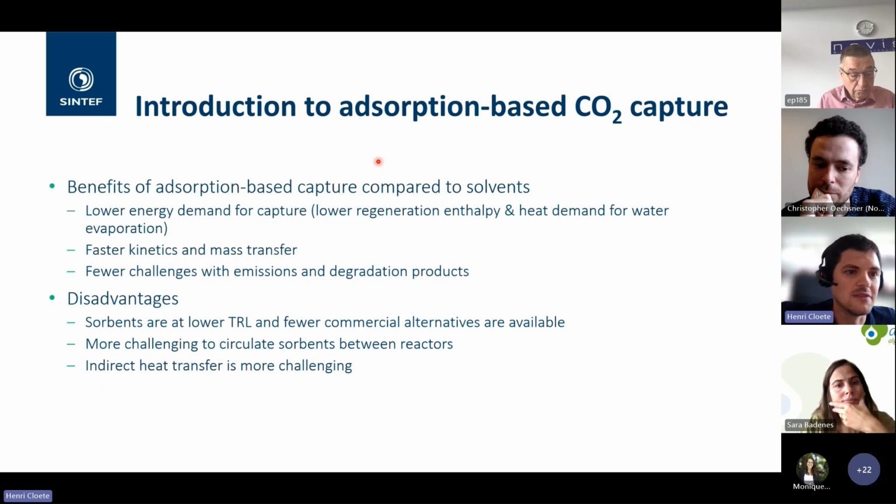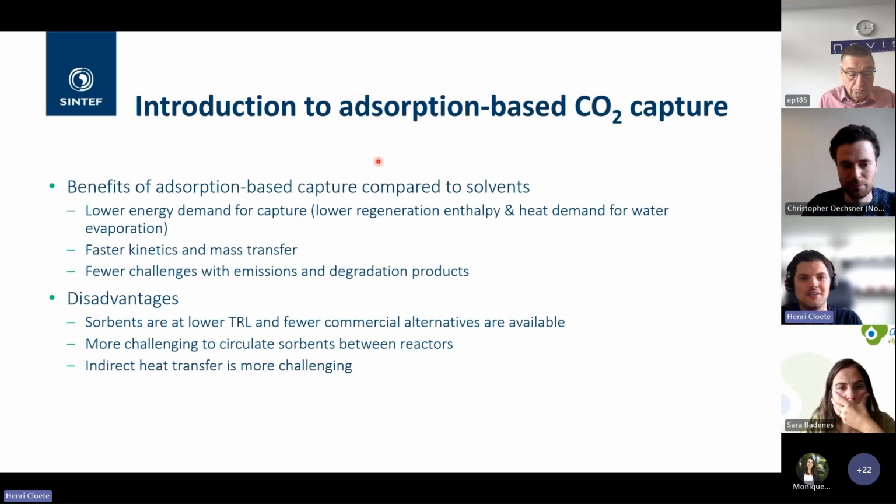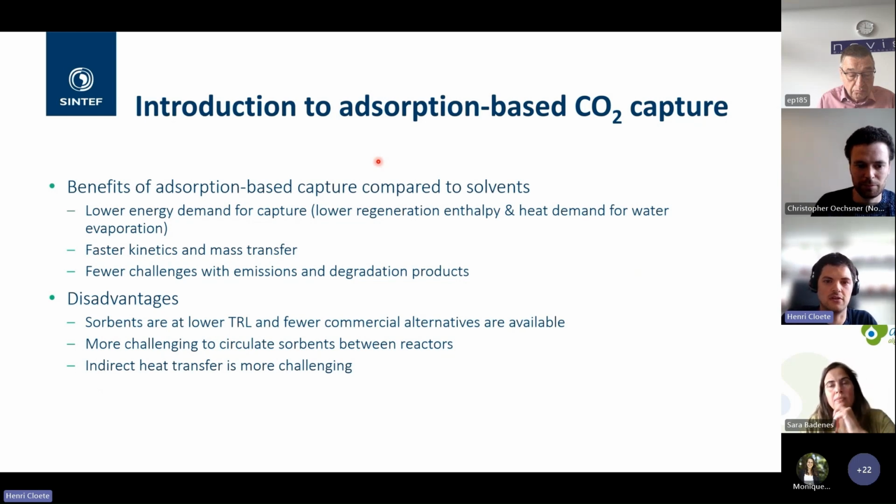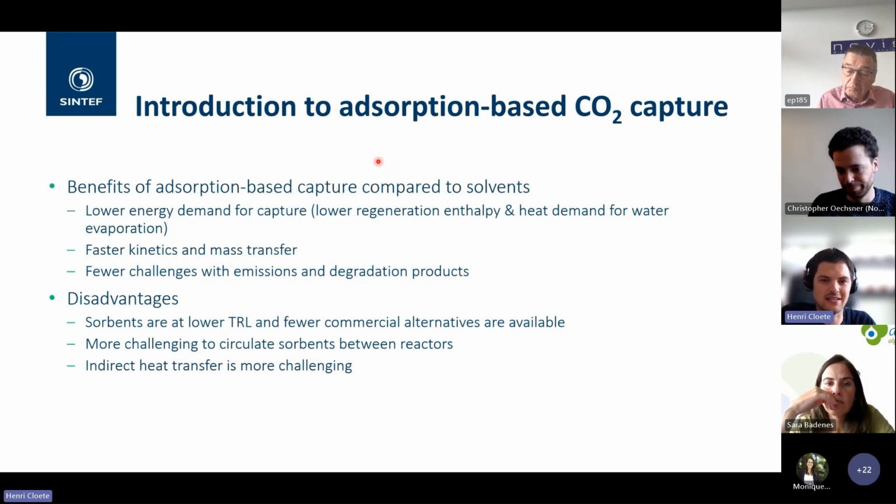So trying to make some very general overviews of what adsorption processes are good at compared to the commercial solvent-based processes that Lucas discussed in detail. I should say that these are some very broad classifications. It depends extremely on what process you're looking at.